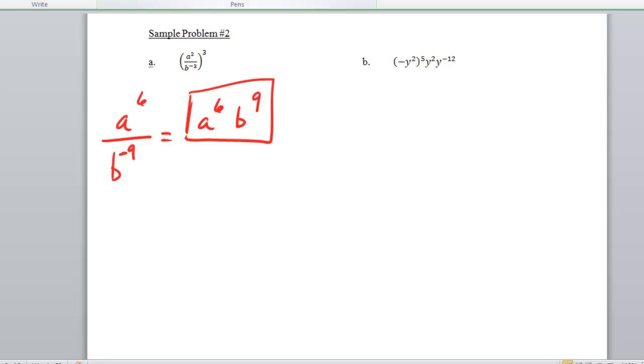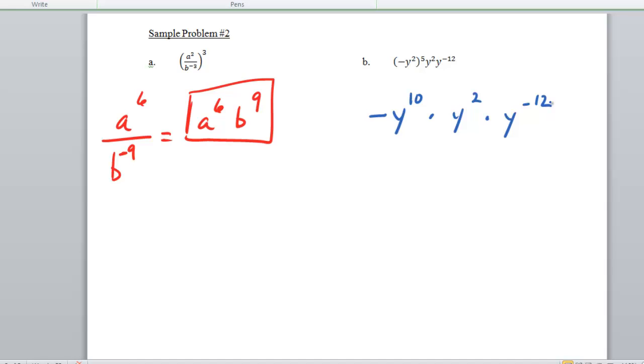Now, in part B, we have a whole bunch of y's going on here. This can be a little tricky with the negative y, but let's go ahead and take care of the exponents first. Negative y squared to the 5th power is going to give us negative y to the 10th power, y to the 2nd power, and y to the negative 12th power.